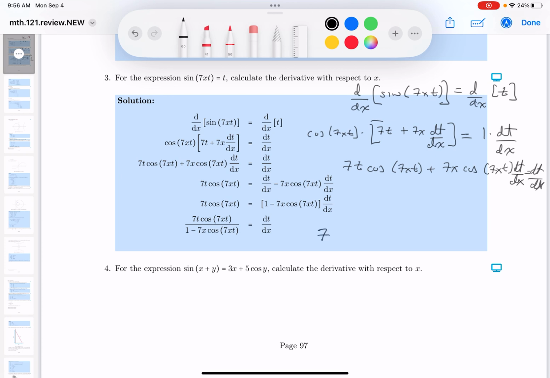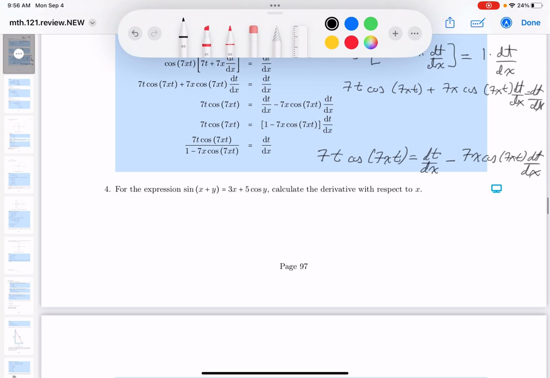And let me put this down. 7t cosine 7xt equals, well, dt/dx minus 7x cosine 7xt dt/dx. I'm going to keep going. 7t cosine 7xt. I'm going to factor out dt/dx.